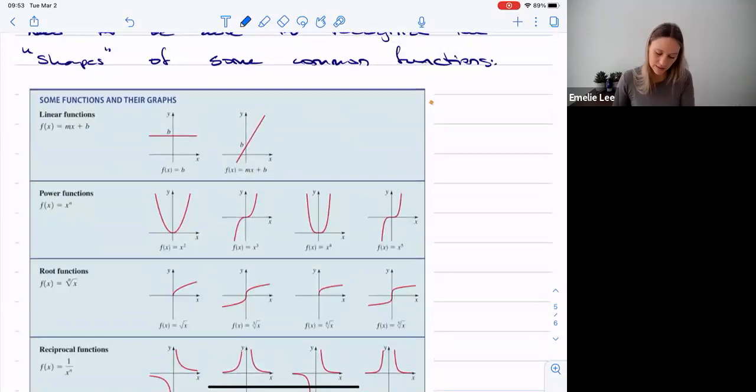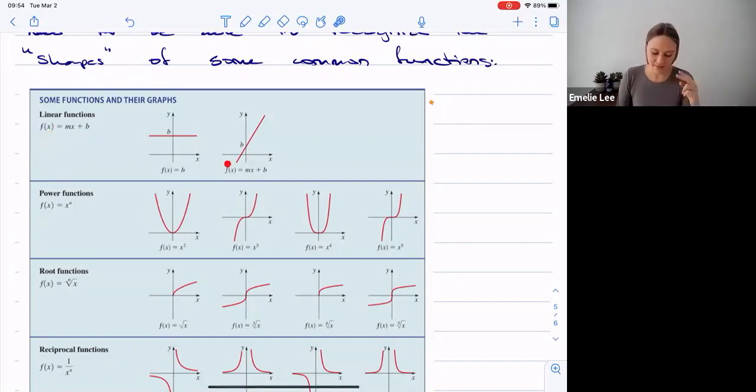Right. Okay. So we already know a linear function. We know what a straight line looks like. And so here, it's a two-component learning thing. So you need to remember what the function itself looks like, y equals mx plus b.